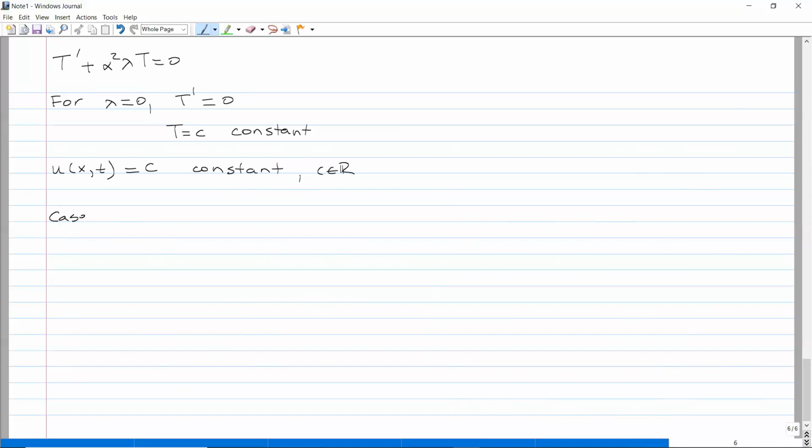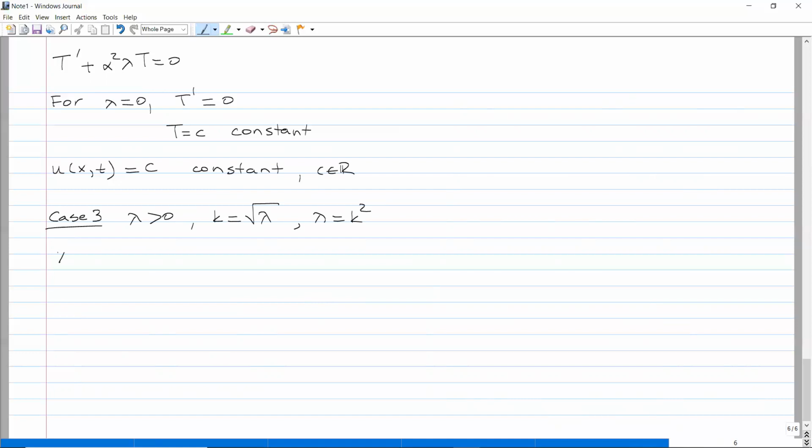And for case 3, lambda positive, so we take k to be square root of lambda, or lambda equals k squared. And the solutions, in this case, when you take lambda to the other side, it becomes negative. So the roots of the characteristic equation are going to be complex.